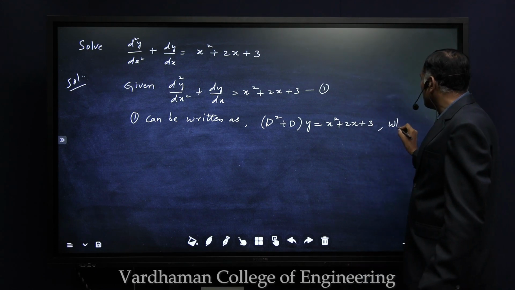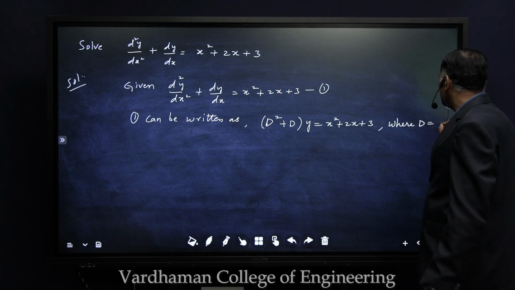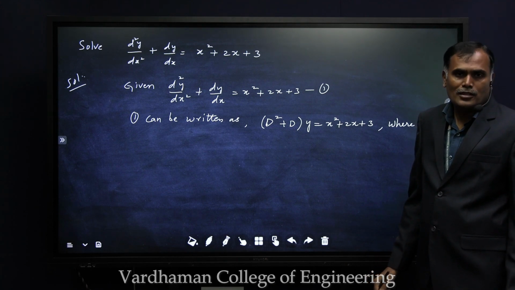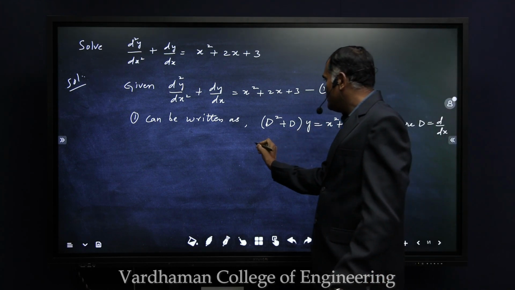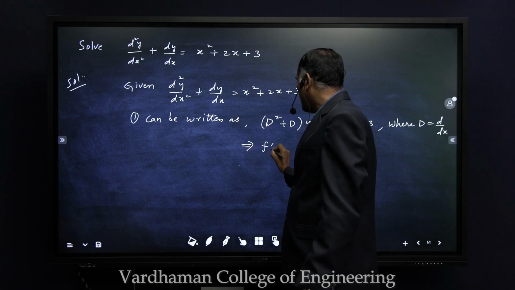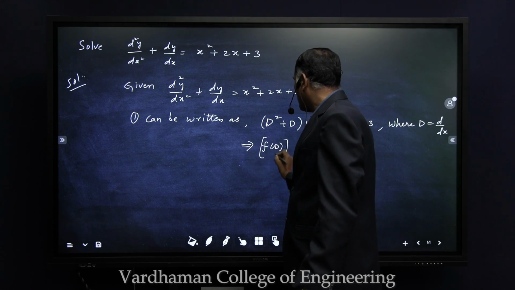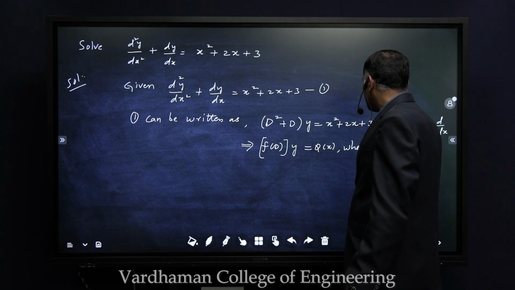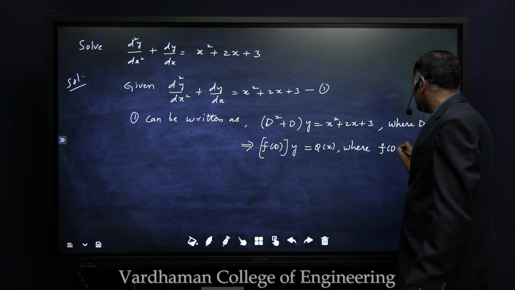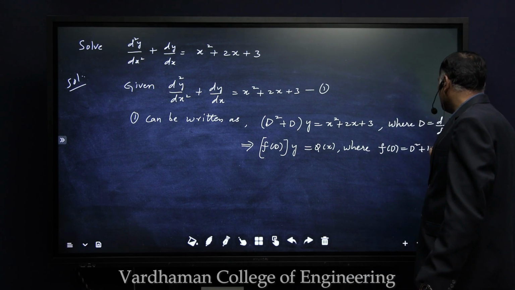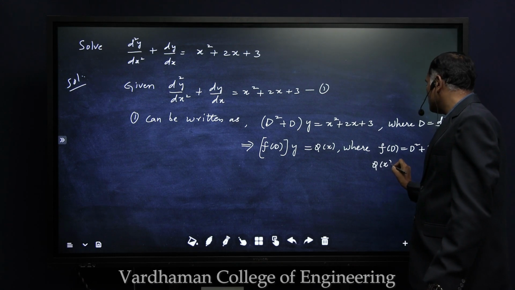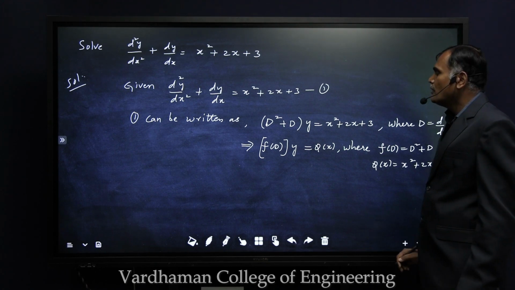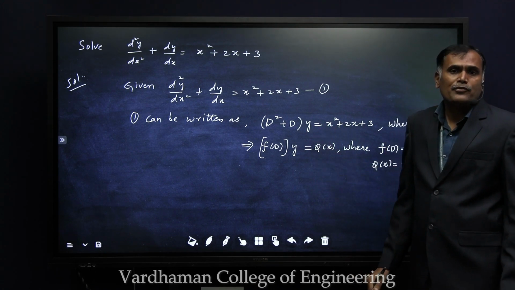Here D is called the differential operator. D is nothing but d by dx, and D square is nothing but d square by dx square. Now this is nothing but f of D into y equals q of x, where f of D is D square plus D and q of x is x square plus 2x plus 3.